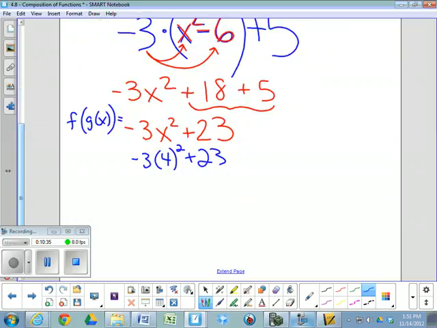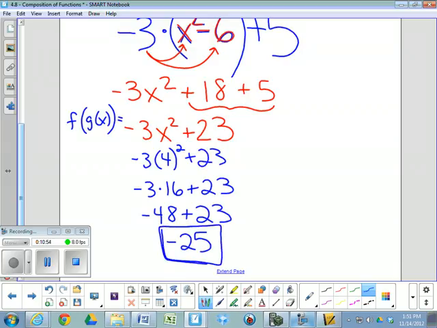What's 4 squared? What's 3 times 16? 48, but negative because of the negative 3. What's negative 48 plus 23? Negative 25. You remember the answer from above that I did this to?